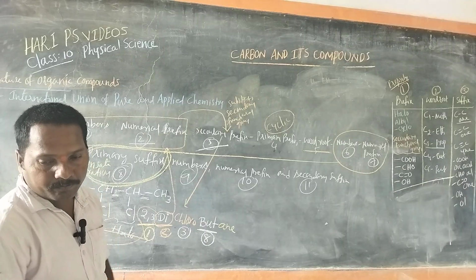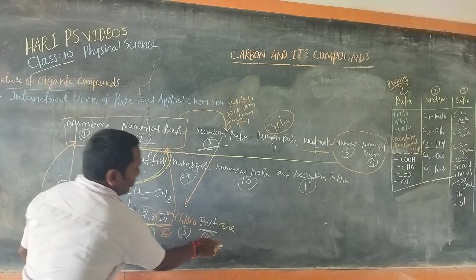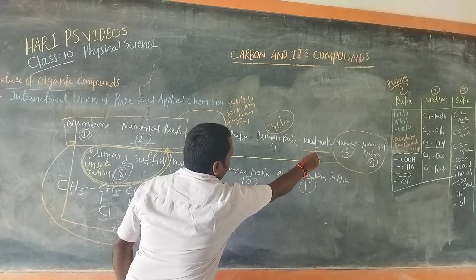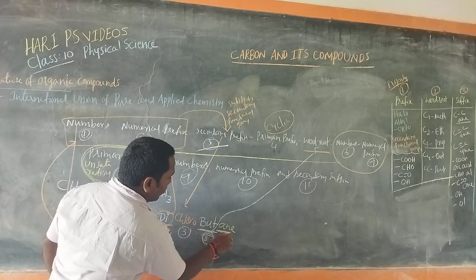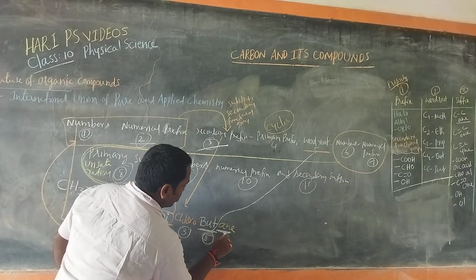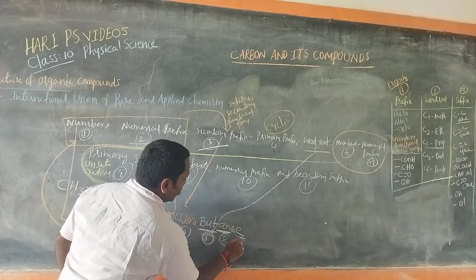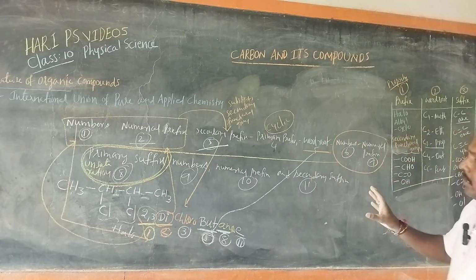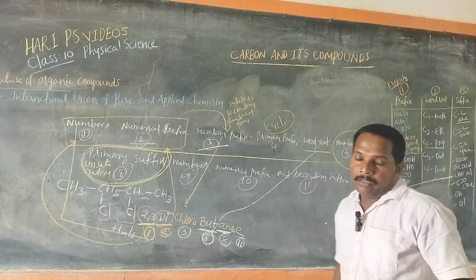But means 5, here 5, the word root. And single bonds 8. Finally e, this is the 11th part. So like that we have to give the names.